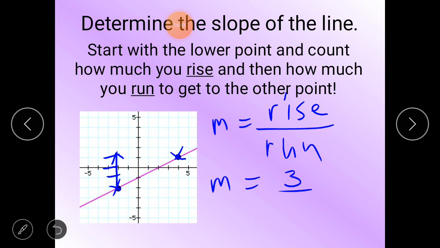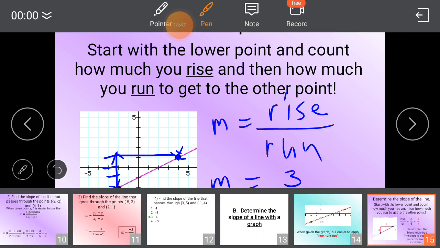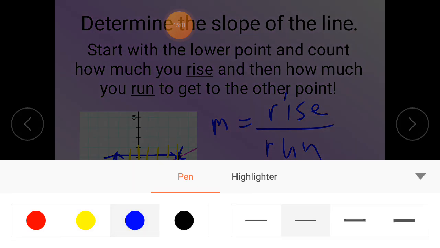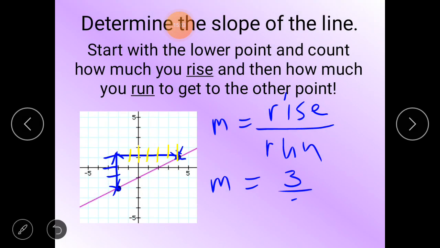Then run: how many units from this point to this point. Let's count: 1, 2, 3, 4, 5, 6. So 3 over 6.